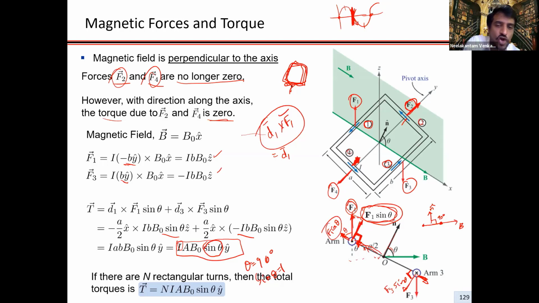If it is a coil with n loops, then you multiply the expression by n. So how do you achieve very good torque? You don't want to increase the current. You don't want to increase the magnetic field. Then what you do is just coil more. The number n goes up. The more the number of turns, the more the torque is.